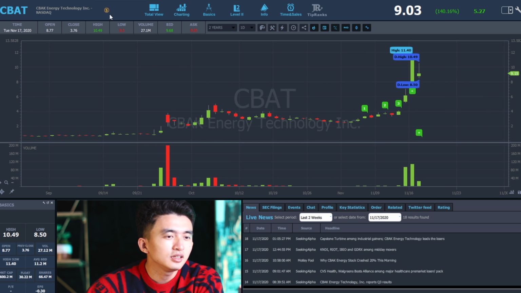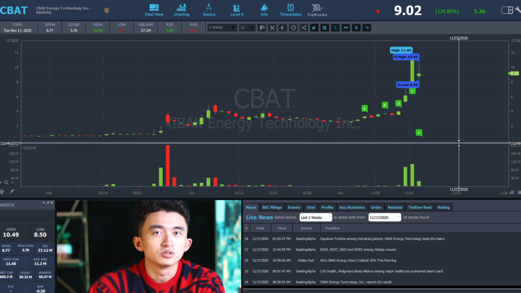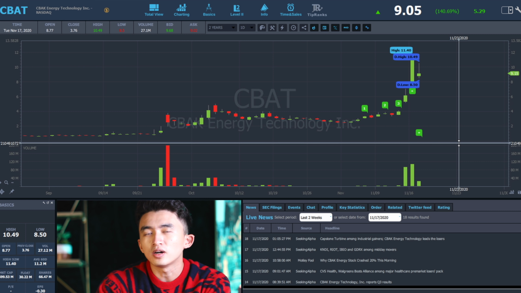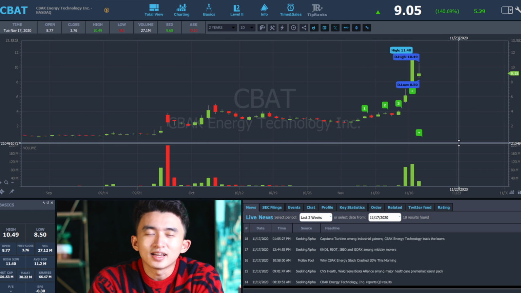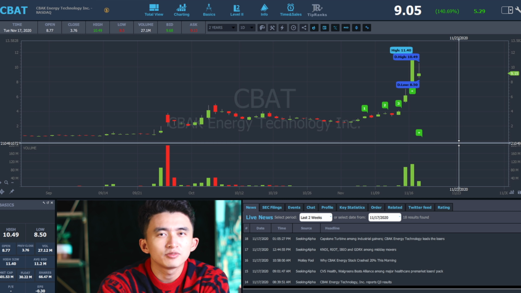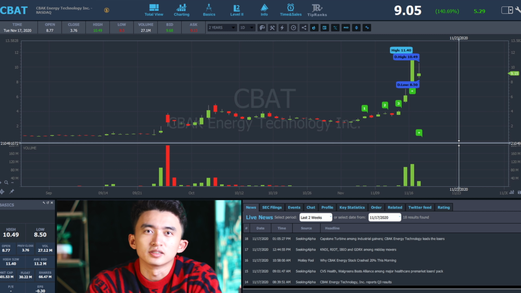And on CBAT, you only needed 100 million shares, so it's much lower volume compared to SOLO, and that will bring more odds for spiking a little bit further compared to the SOLO ticker. So when you are looking at overall multi-day breakout patterns, the first green day cannot have that much volume, because the more volume it has, the more difficult it is for the next day's liquidity or volume to let the stock extend even more.